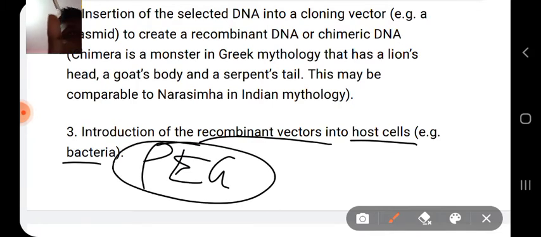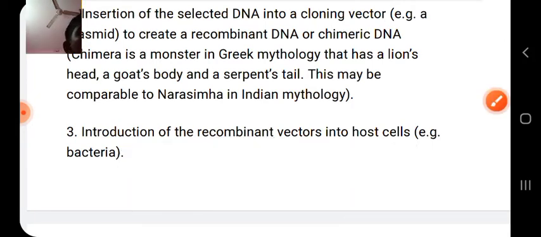I have already discussed this with you in plant tissue culture, where protoplast fusion can be done. Or you can use electroporation, where electric impulses, short medium pulses, are applied for a few microseconds so that the DNA of our interest can get inserted into the host cell.